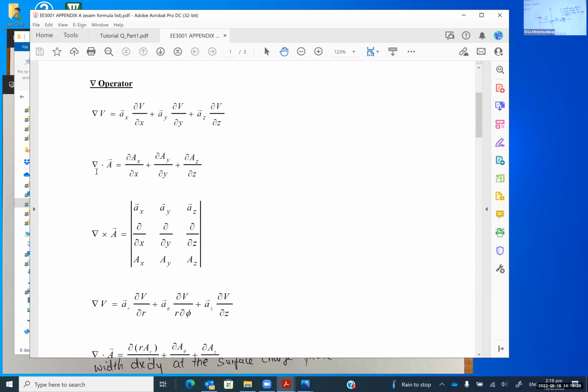Yeah, you can see the answer, right? Your A vector is given by some ax coefficient times the ax direction plus some ay times ay direction plus some az in az direction. That's your A vector. It's the so-called generalized vector equation.